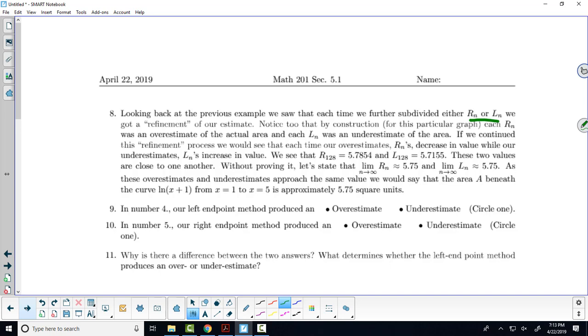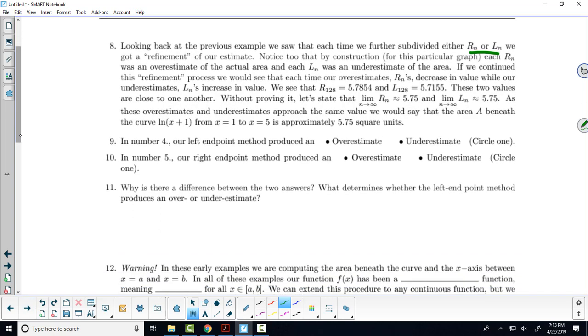The interesting thing is, I believe, it doesn't even matter if you just increase the number of partitions, then you actually get a better refinement. But that's a topic we luckily don't have to get into.